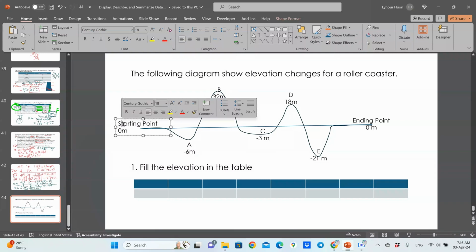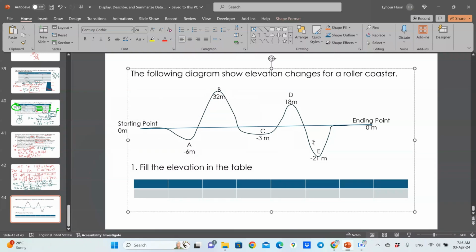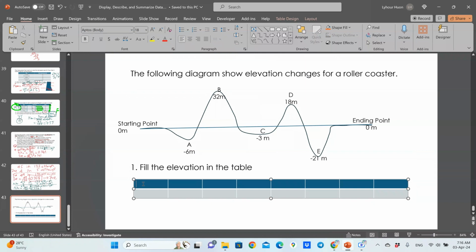It's locations. What is the other category? The starting point is at 0 meter, point A is at -6 meter, point B is at 32 meter, point C is at -3 meter, and so on. So the starting point, A, B, are locations.